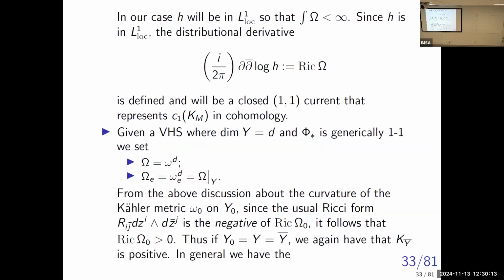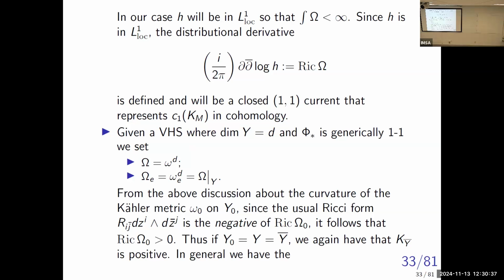So we can take the volume form arising from the family of Hodge structures and the curvature, the Kähler metric on the part where the differential is injective, you get the usual Ricci form. And that gives you the positivity of the canonical bundle.